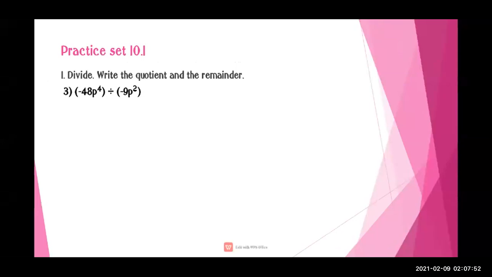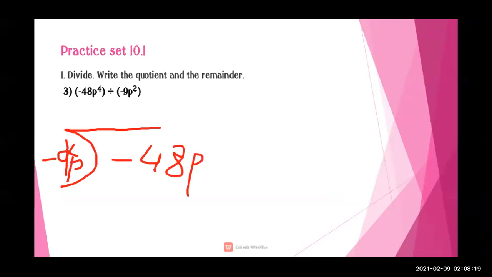Now the next, the third one: minus 48p4 divided by minus 9p square. See, once again, this you are going to write on the left hand side, that is here minus 9p square, and here minus 48p raised to 4.